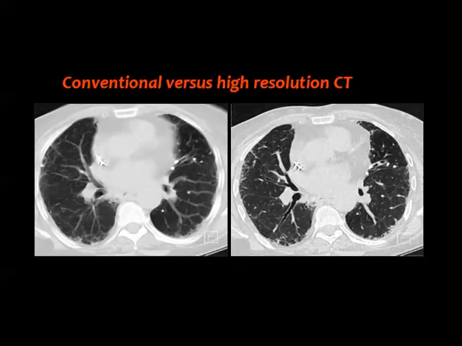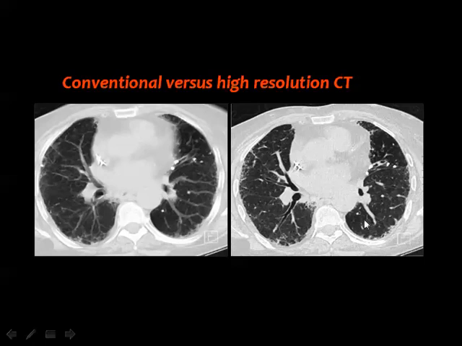One of the basics for imaging of diffuse lung disease is to have what's known as high resolution CT. High resolution CT is just a technique used by the technician to produce imaging of high resolution, and you can compare the conventional CT scan and the high resolution CT scan.